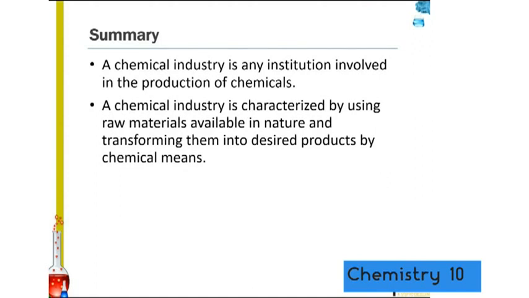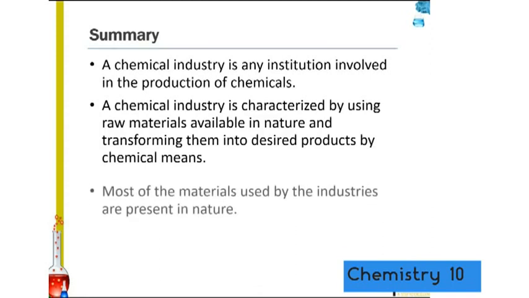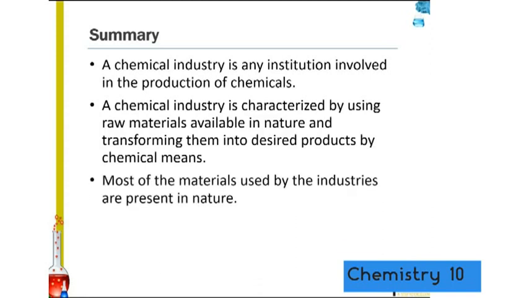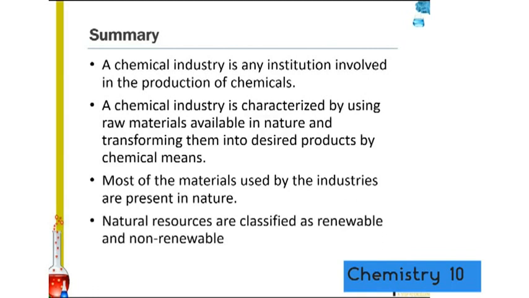They use raw materials available in nature and transform them into desired products by chemical means. Most of the materials used by industries are present in nature. And natural resources are classified as either renewable or non-renewable.